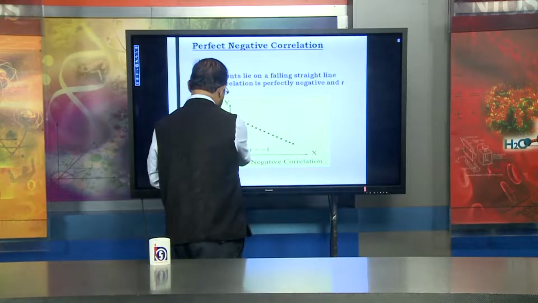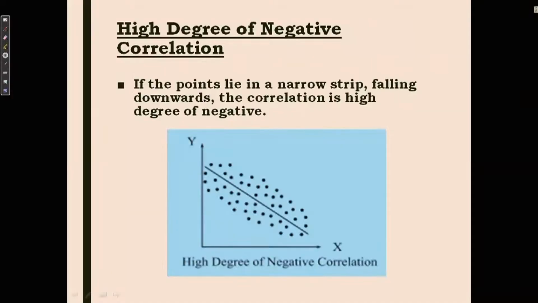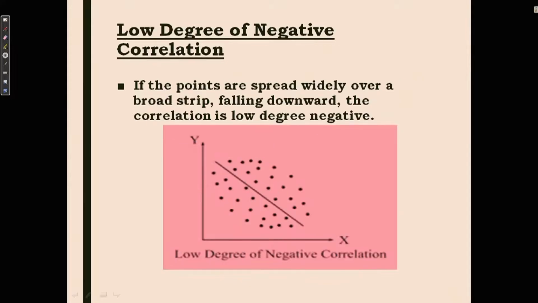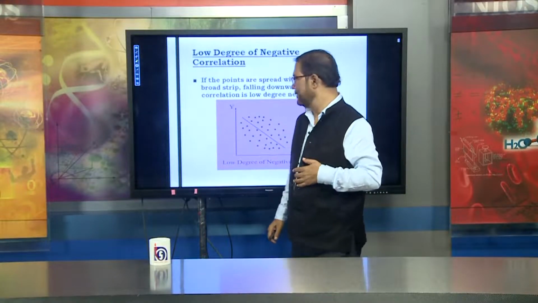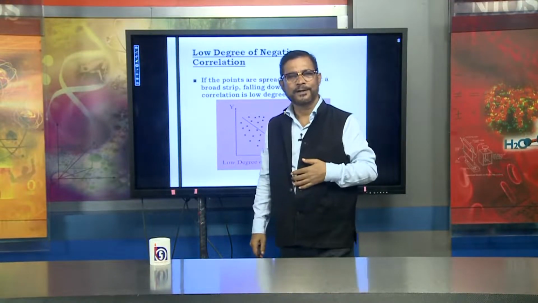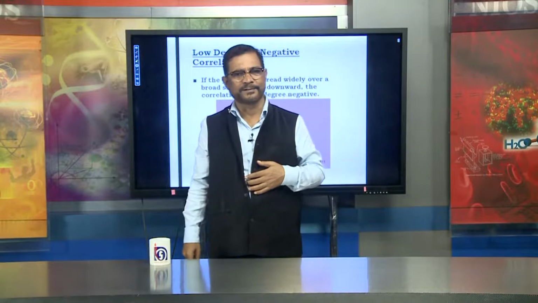Next to this, see the downward scattering of data. This is called high degree of negative correlation. This is what we say low degree of negative correlation. This is what we discussed in today's discussion.